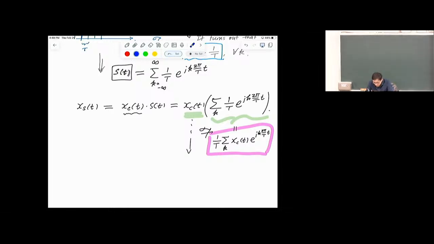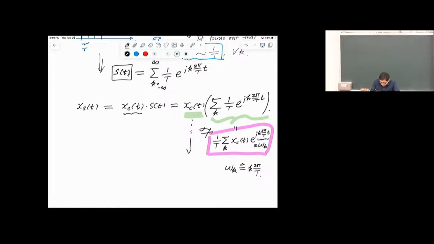Sorry about the confusion. This frequency is k times the fundamental frequency 2 pi divided by big T. Let's denote it as omega k, and define omega k as k times 2 pi divided by big T.